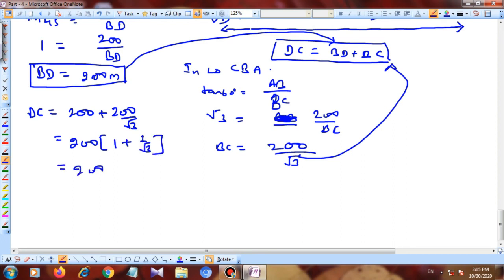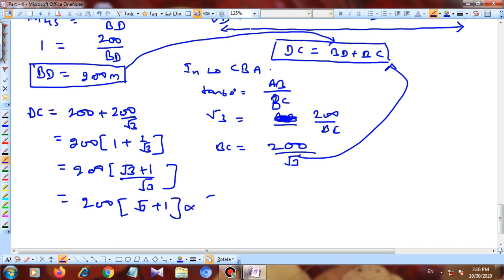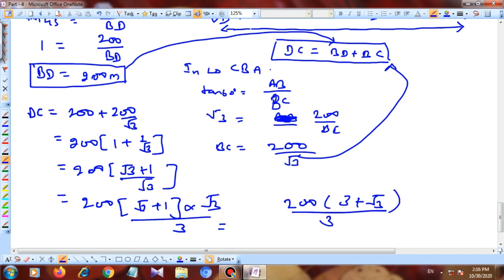So you can solve it, then you will get root 3 plus 1 upon root 3. Now rationalize it, then you will get root 3 plus 1 into root 3 upon 3. So this is 200 into 3 plus root 3 upon 3 meter.